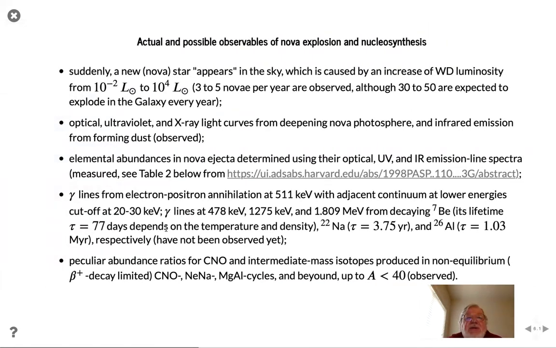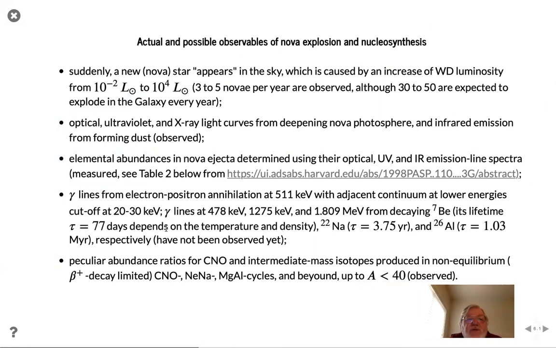So now some information about nova observables, actual and possible observables of nova explosion nucleosynthesis. Ideally, we need some observables to compare with predictions of our models, of our calculations, of our simulations.